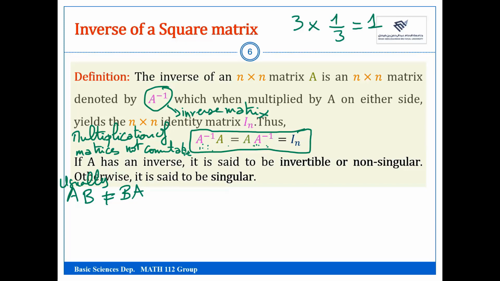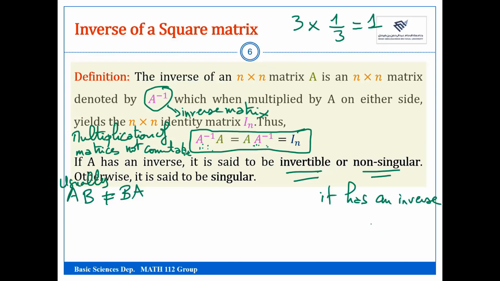When the product of A by this matrix, to the left and to the right, gives you the identity matrix, we say that A is invertible or non-singular. Non-singular means it has an inverse. Such a matrix exists. We say invertible or non-singular.